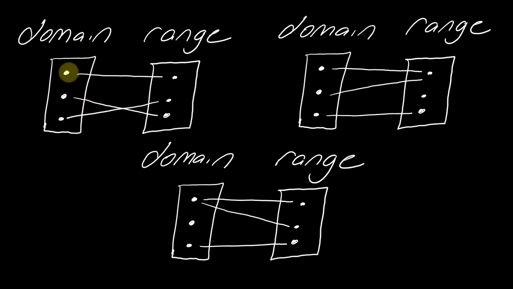Notice here, I have three different elements, different inputs in my domain, and they go to three different elements in the range. So this is a one-to-one function, versus this one here. I have these two elements, and they are each going to the same output.